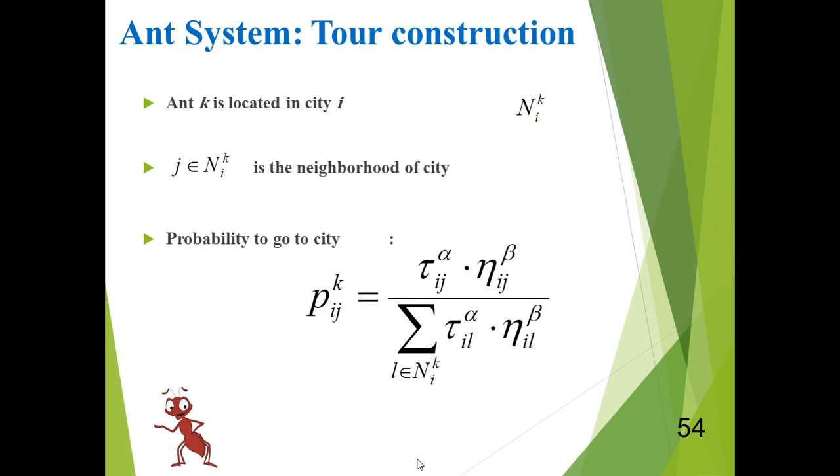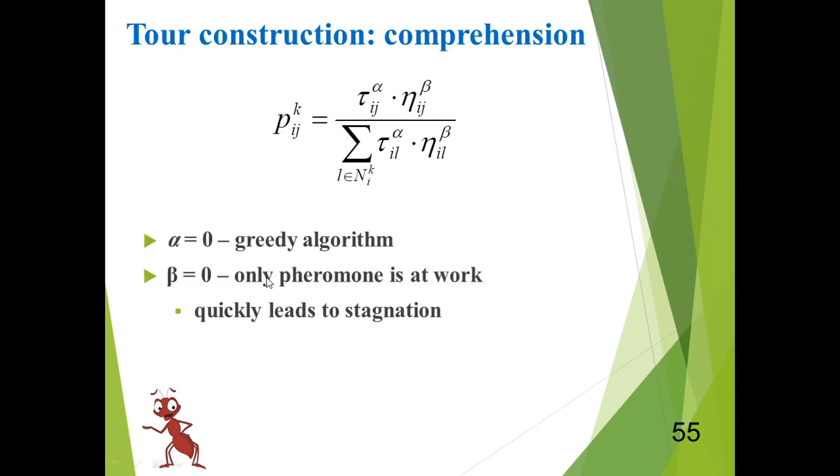This is the equation: the probability to go to a city J. This equation is the tour construction, controlled by alpha and beta. Alpha is represented as the greedy algorithm, and if beta is zero, only pheromone is at work, which quickly leads to stagnation.